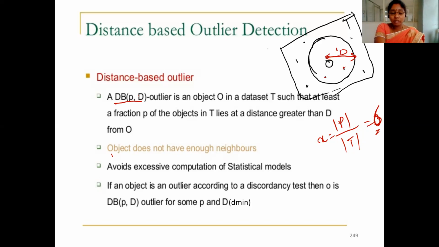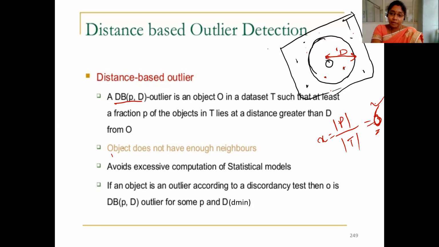So this distance based outlier is an object O in database T such that at least a fraction P of the objects in T lies at a distance greater than D from O. So if at least 6 objects lie at a distance greater than D, that means out of the boundary లో at least 6 objects ఉంటే, అంటే దాన్ని ఇన్వర్స్ అనలైజ్ చేస్తాం.